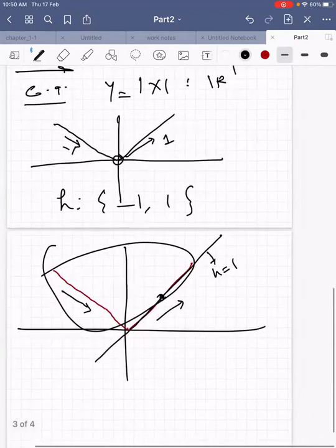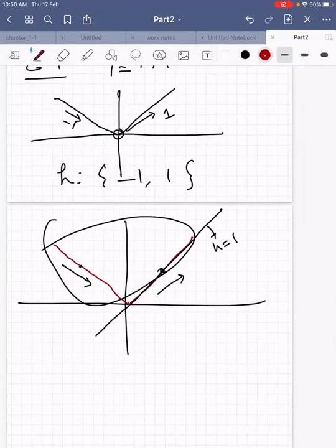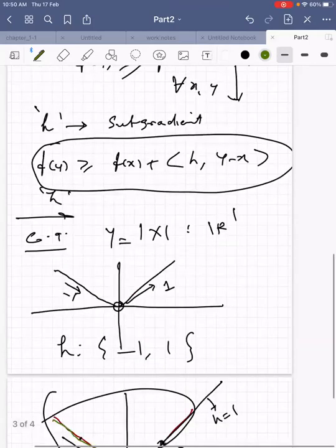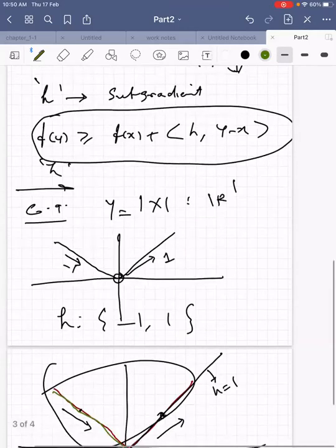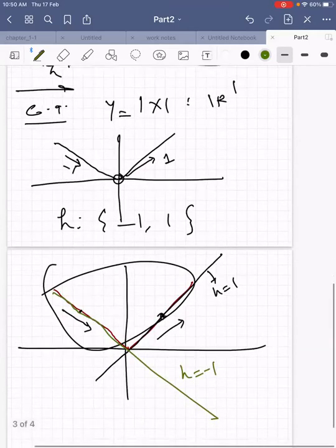Similarly, if I take a point here and draw a line like this, then this is also underestimating the whole function. And here the gradient is h is equal to -1, which means h is equal to -1 and +1 are both legitimate subgradients because they satisfy this condition of underestimating the function by drawing the line at those points. Okay. Is that okay?